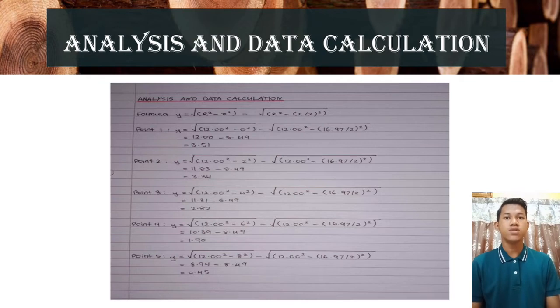So the answer is 2.82. 0.4 will get the first equation 10.39 minus 8.49. So the answer is 1.90. And lastly 0.5. For the first equation we get 8.94 minus 8.49. So the answer is 0.45.